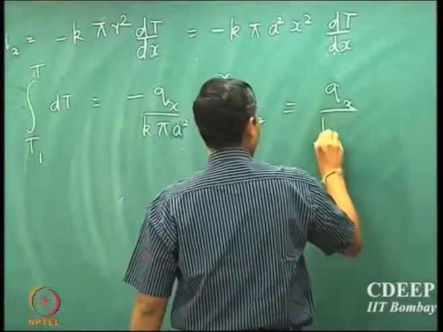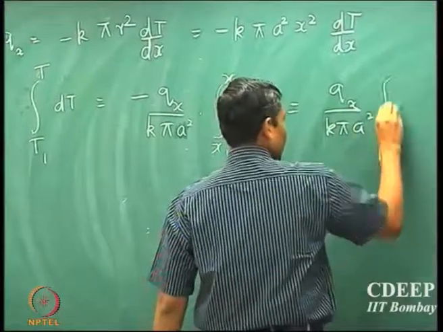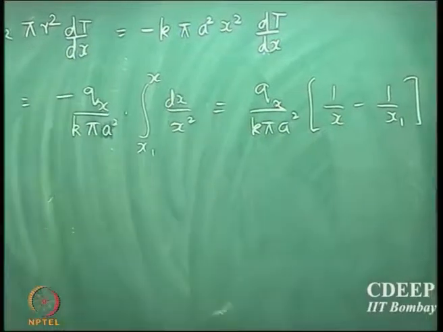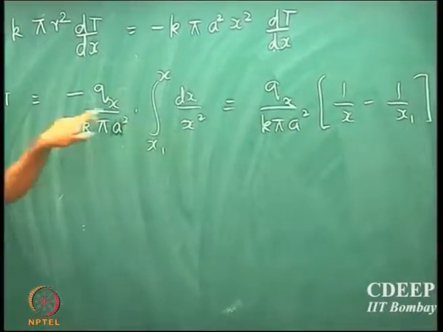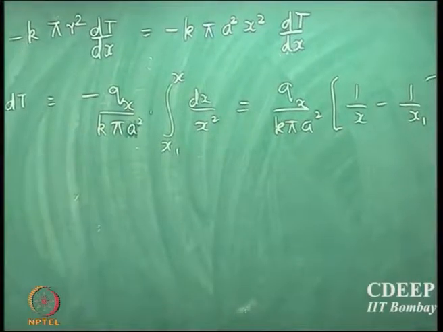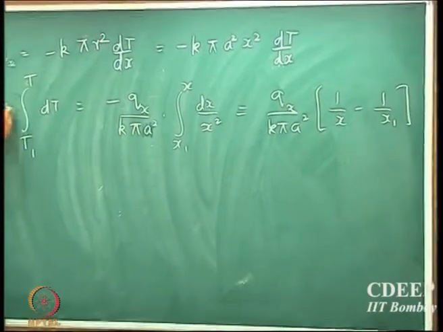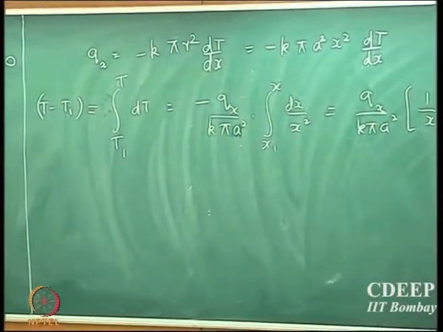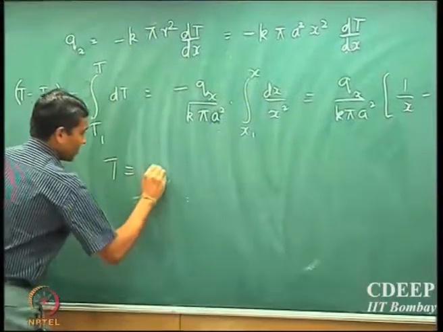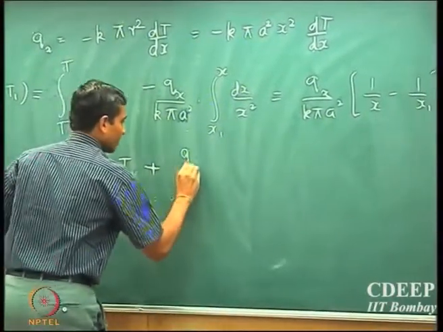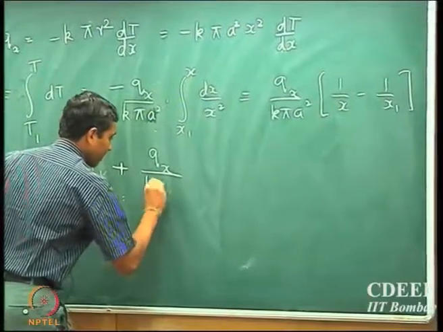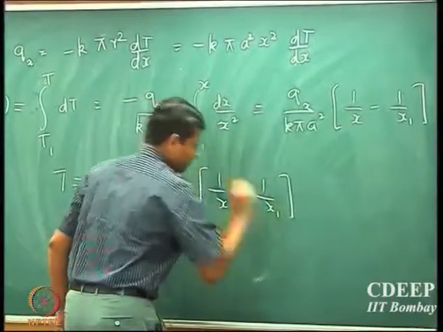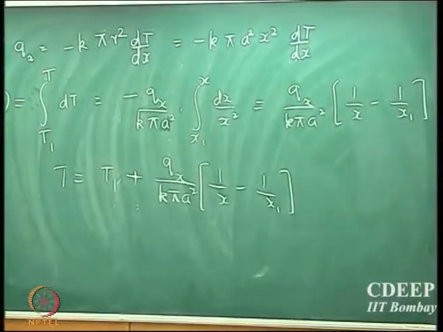So it is Qx by k pi a square into 1 by x minus 1 by x1. Note that because it is 1 by x square, the minus sign will go away because of the integration. And this is T minus T1. Therefore, T is T1 plus Qx by k pi a square into 1 by x minus 1 by x1. Is it a complete description?